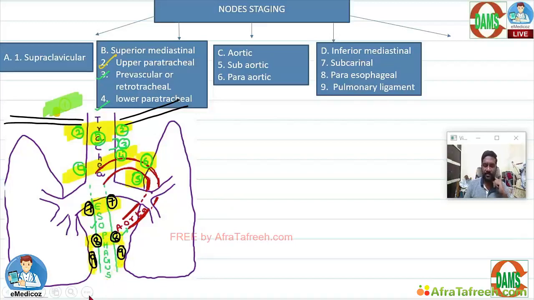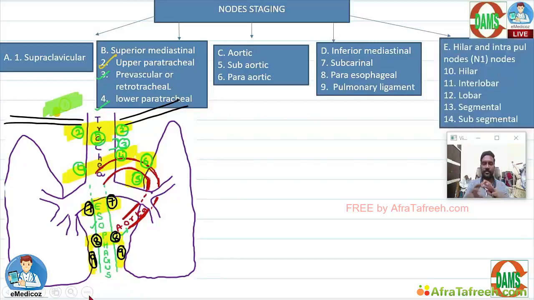Now coming to the most important, intrapulmonary lymph nodes. Up to now we have discussed the lymph nodes above the clavicle and within the mediastinum. We haven't discussed the lymph nodes within the substance of the lung. So these are the hilar and intrapulmonary lymph nodes, called N1 nodes.